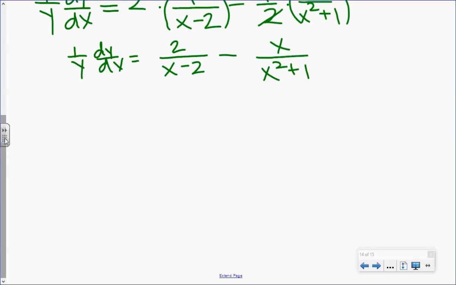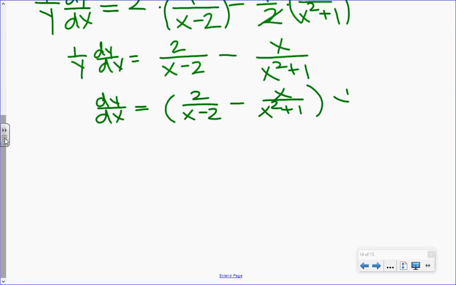So to solve for dy dx, we are going to have to divide 1 over y over, which we all know dividing by 1 over y is the same thing as multiplying by y. However, what am I going to expect you to do with that y?